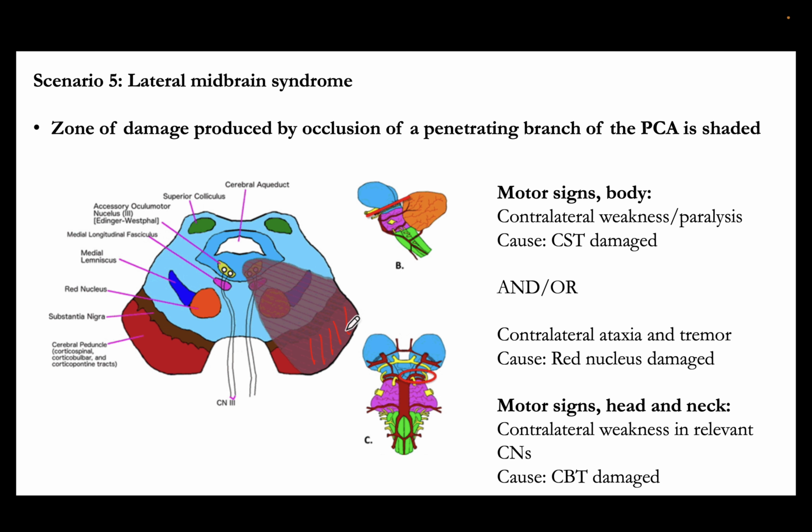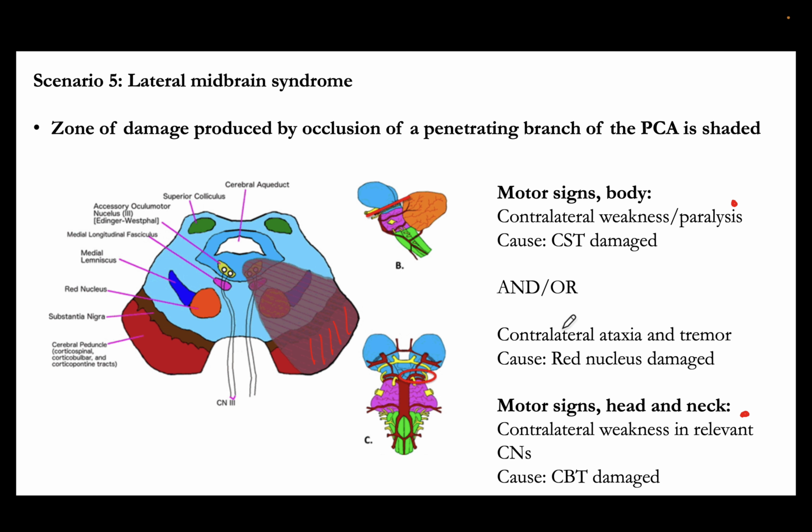And so a swath of that cerebral peduncle will be ischemic, and it of course contains the CST and the CBT. And that has the potential to cause contralateral weakness or paralysis in the body and the head, face, and neck. Now, the contralateral cortical bulbar tract weakness is most apparent in relevant cranial nerve nuclei, i.e. those with strictly contralateral innervation.